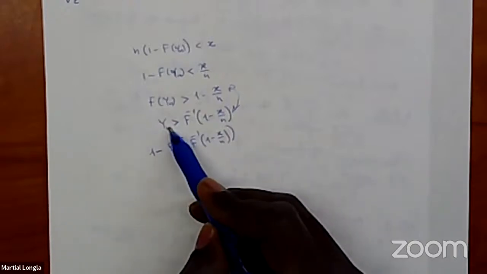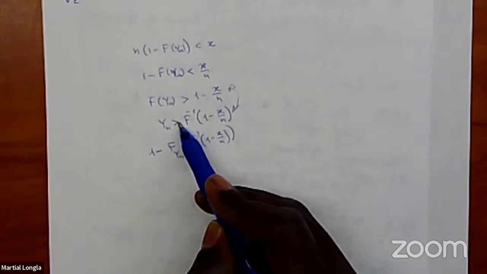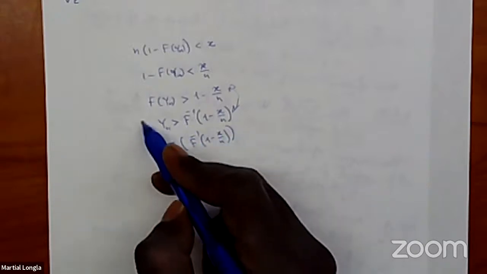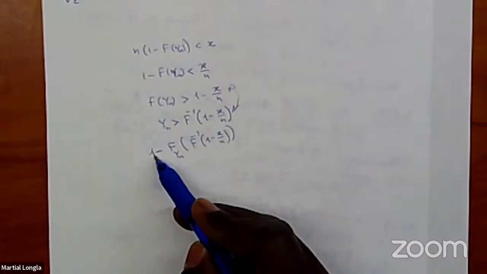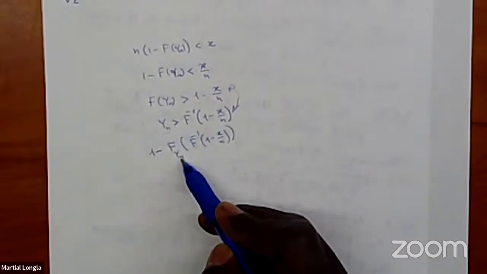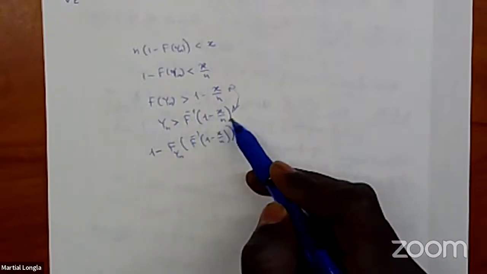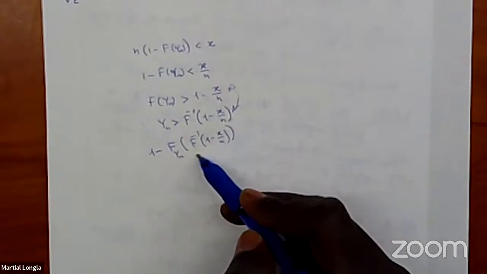And from here, if I'm taking the probability of this thing, that would be 1 minus, because it's larger than, 1 minus F_Yn of what? The thing that is right here, which is this.